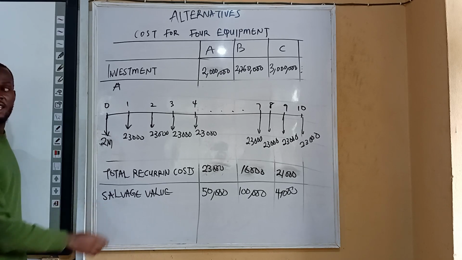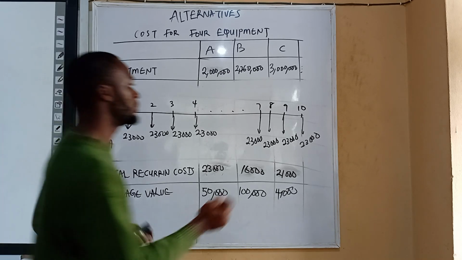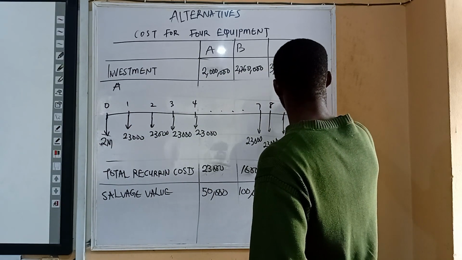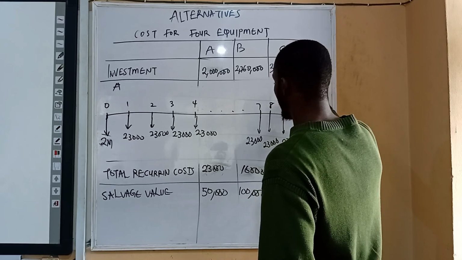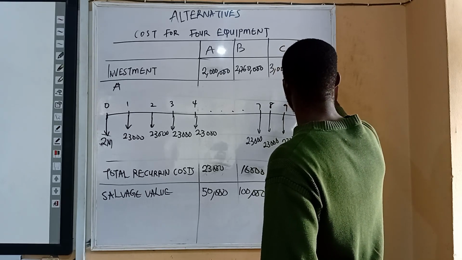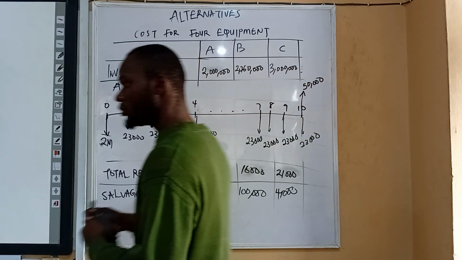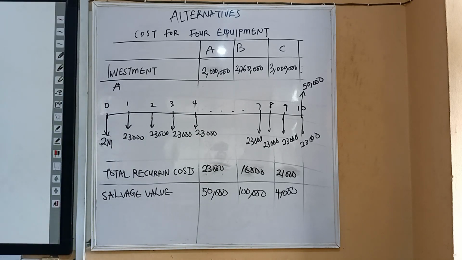This salvage value is an income. So you come here and put 50,000. So your goal now is to, you may be told to use present cost, future cost, or annual series cost.